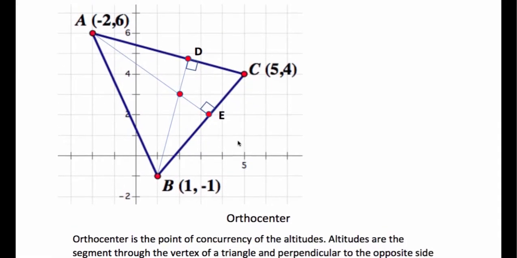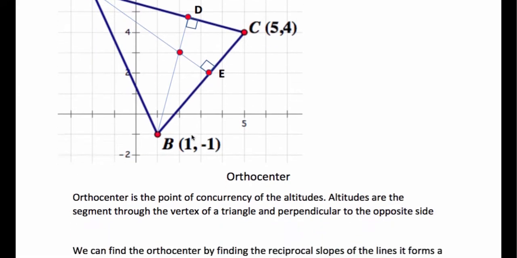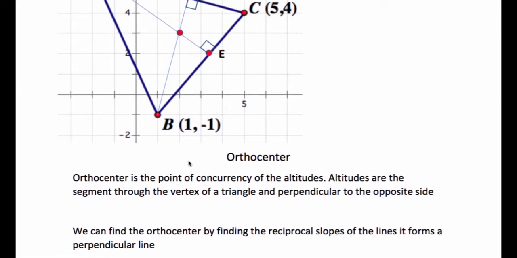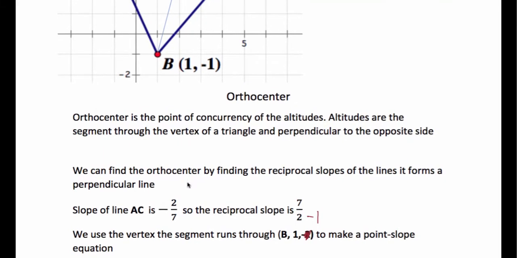The orthocenter is the point of concurrency of the altitudes. An altitude is a segment that runs through a vertex and is perpendicular to the opposite side of the triangle. We can find the orthocenter by finding the negative reciprocal slopes of the lines each altitude is perpendicular to.